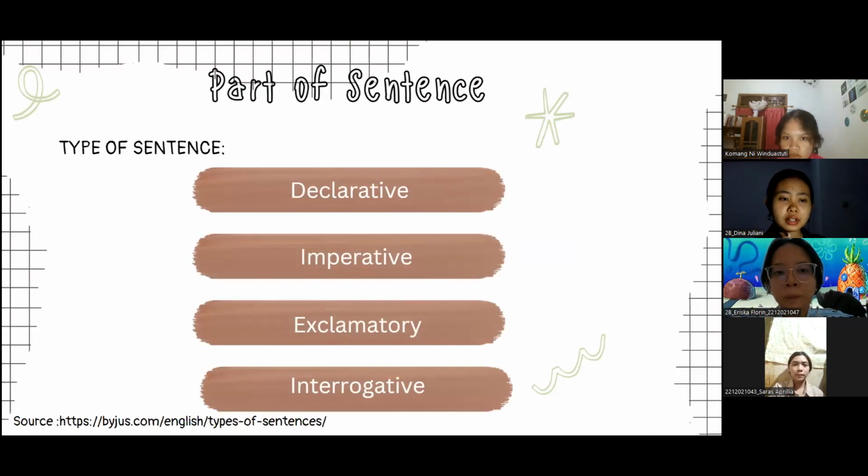Okay, in the part of sentence, there are types of sentence, which consist of declarative, imperative, exclamatory, and interrogative. Declarative is the sentence to make a statement. Meanwhile, imperative is the sentence to make a request. And then we have exclamatory.